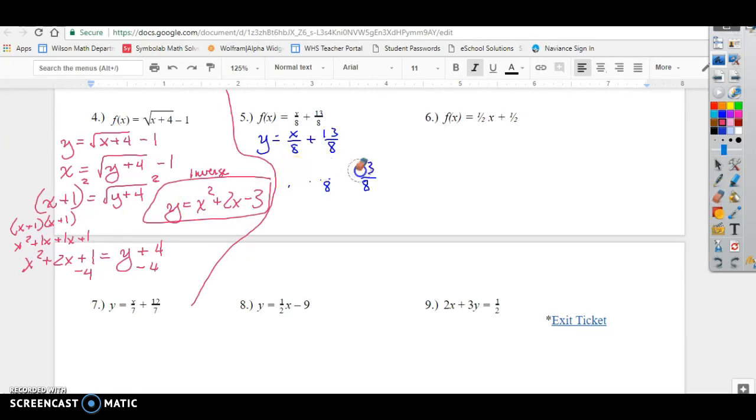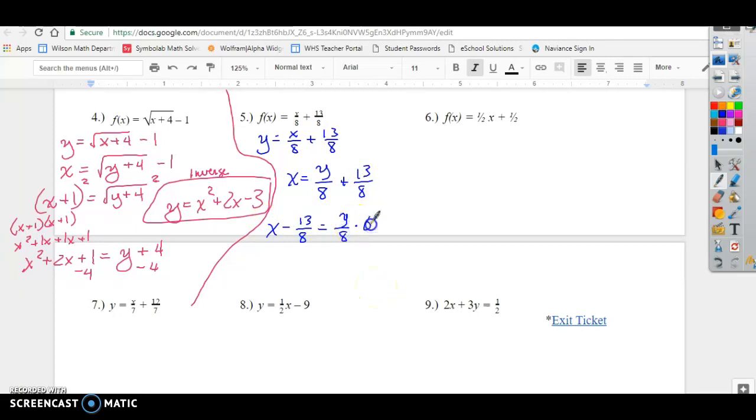Okay, so remember that f of x, this is just a fancy way of saying y equals. What we're actually going to do here is switch our x and y. So I have x equals y over 8 plus 13/8. I am now going to be in the process of getting this y by itself. So this is what I'm going to move first. X minus 13/8 equals y over 8.